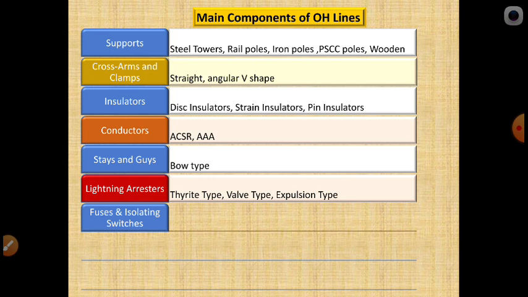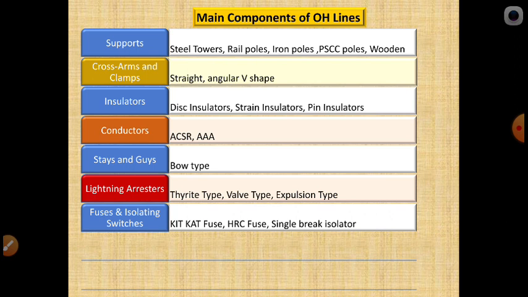After that, we have to operate only. What is the purpose of this? These are mainly used to isolate different parts of the overhead system. These are the different types. Now you can see the circuit card fuses, HRC fuses, and single break and double break switches; generally we can observe these types of switches.